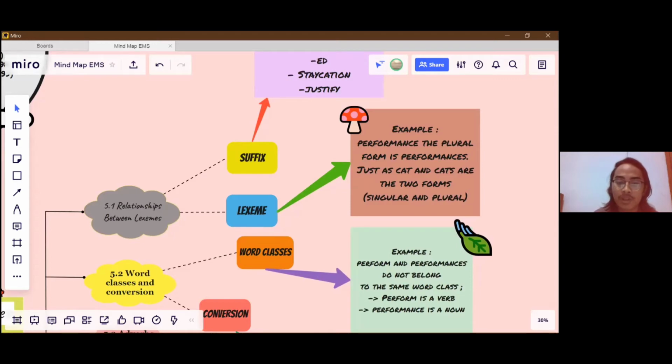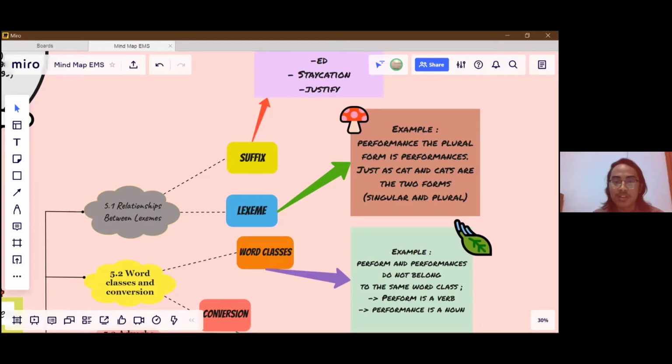For example, performance, the plural form is performances, just as cat and cats are the two forms, singular and plural.